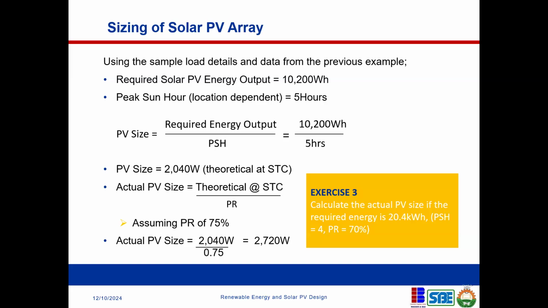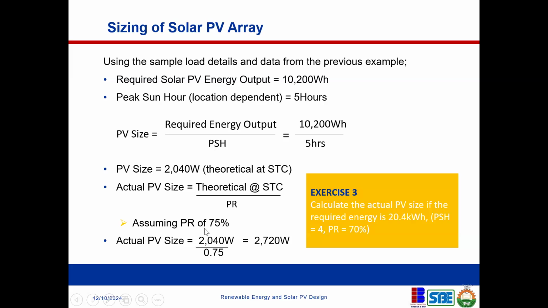And that's what performance ratio is: actual performance compared to the theoretical design, that is your manufacturer specification. So for solar PV, we assume that all the losses have been taken care of. That's why we use 75%. If you feel that the losses could be more, you can reduce this further.